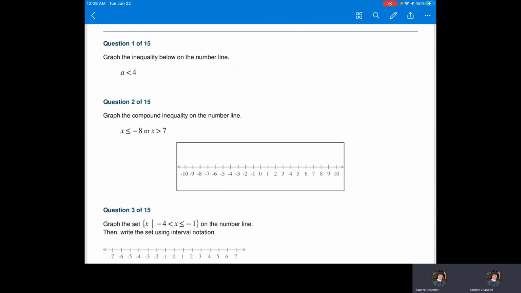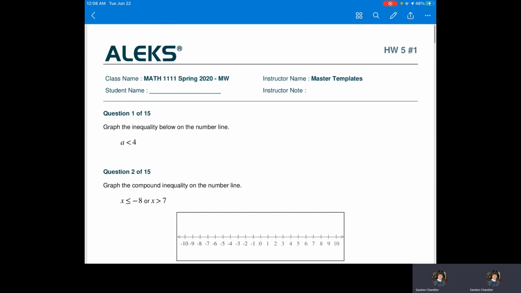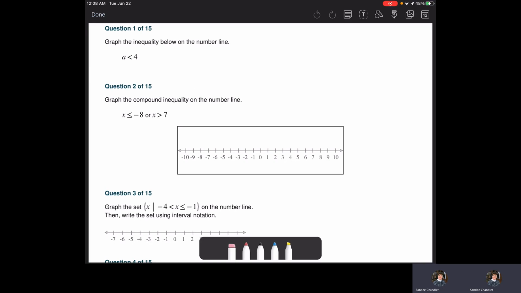And looking at question 1. So this is intervals and things. This doesn't tell me the name of things, so we need to remember some things here. This is less than. This one's greater than.